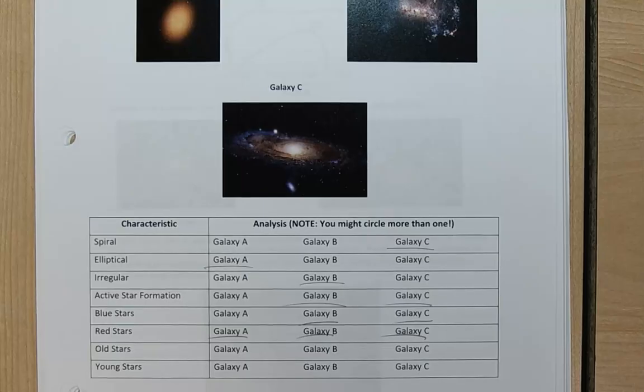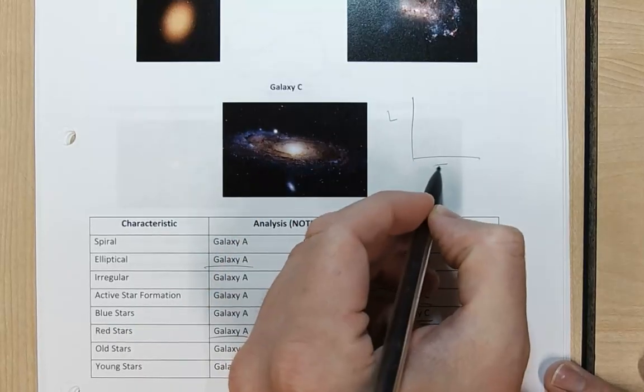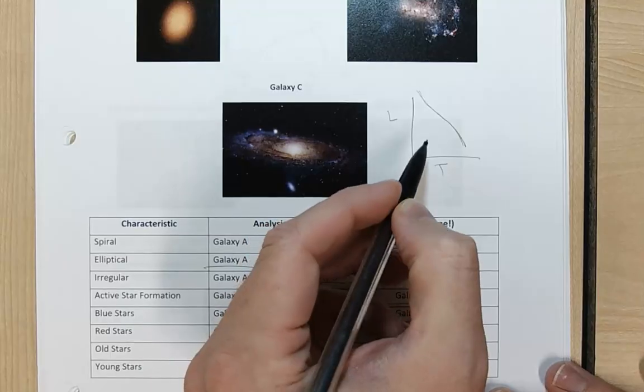Old stars? Well, now remember, old populations of stars are redder, because red stars are cooler, especially if you're talking about main sequence stars. On the main sequence, luminosity and temperature are related, and most stars are main sequence stars.